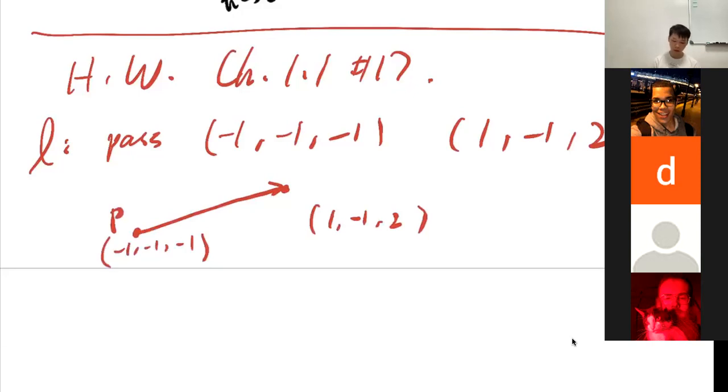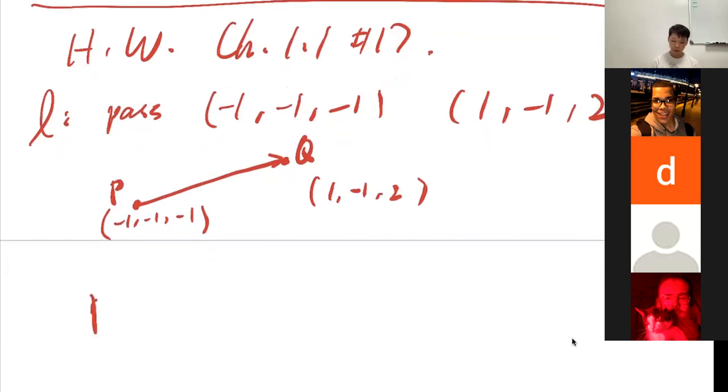Let's say this is P, this is Q. What is the vector PQ? Two, 0, 3.